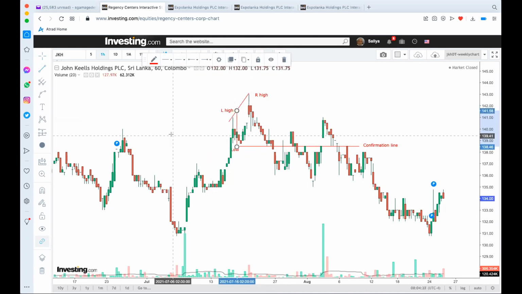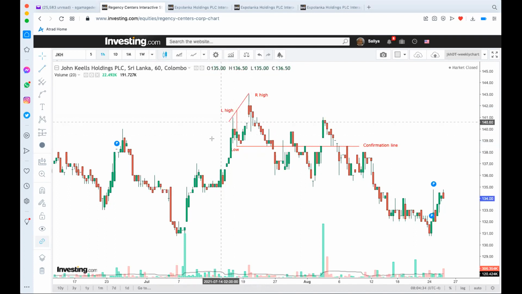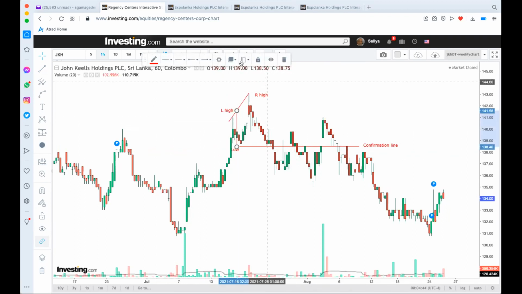And correct it to here. Then there's another question, how to draw that, to bring it to the confirmation line and below the confirmation line. What we do is we go to that line, click on it, then you get the bar, right? And you click on the down arrow here, where it says clone, copy, and stop syncing.